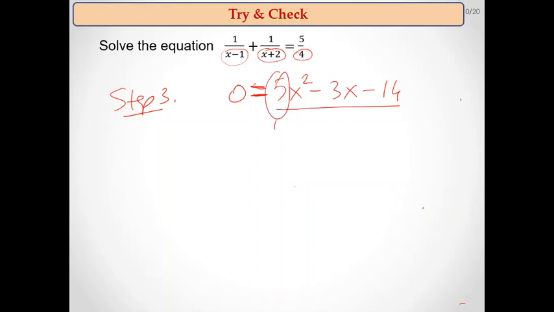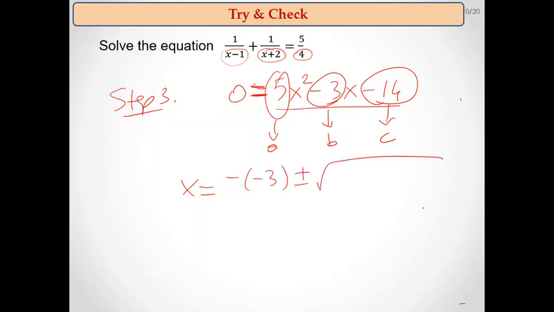A is this, B is this, and C is this. So x is equal to minus B, plus minus the square root of B squared, which is 3 squared, minus 4 times A times C, divided by 2 times A.